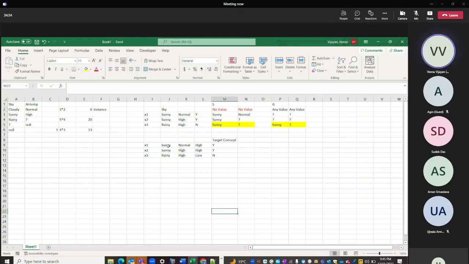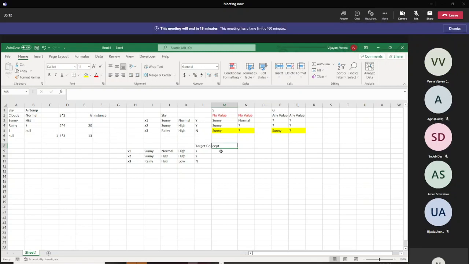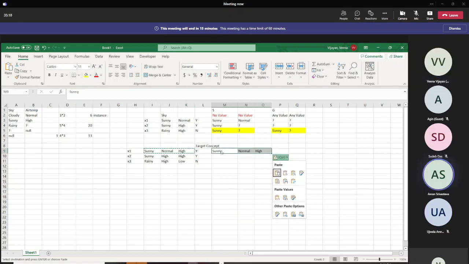So now we have this case. Here we are writing the specific and generic. In this case, the specific will be sunny only. Sunny, normal, high will come in the first case.